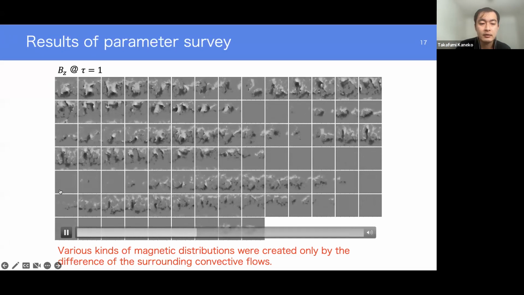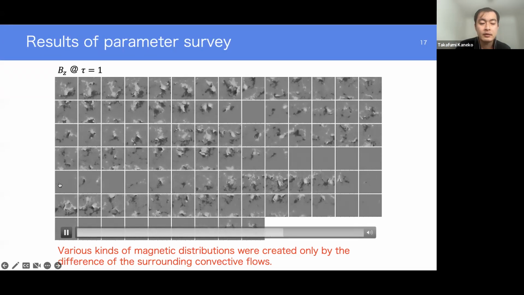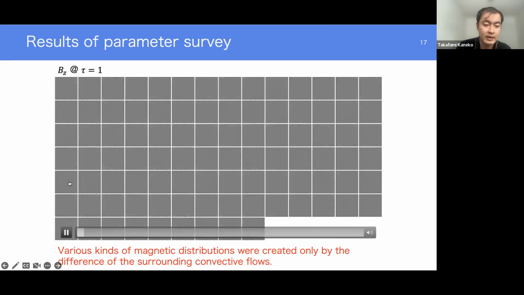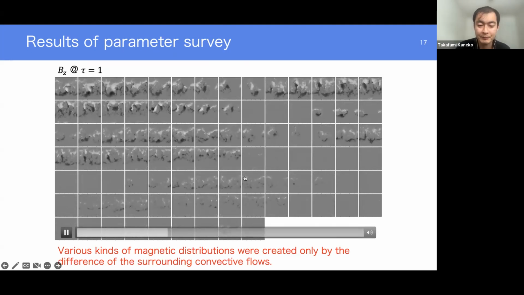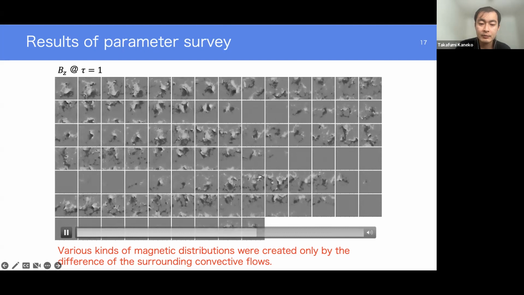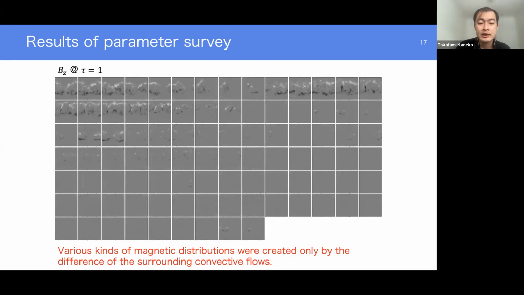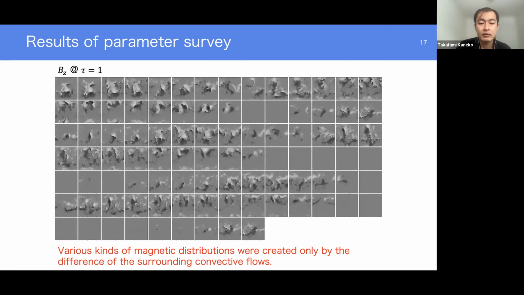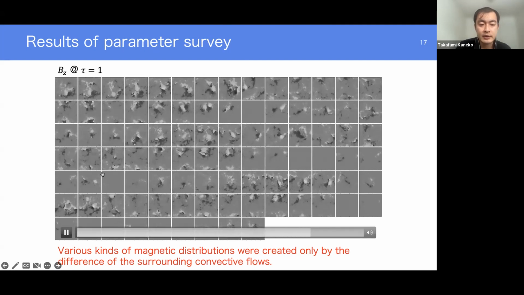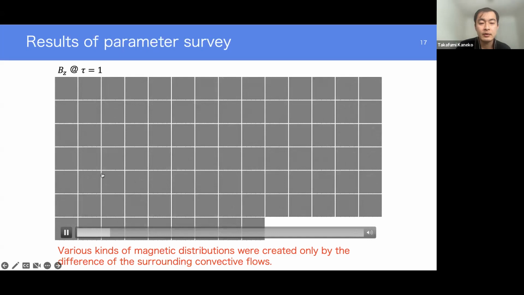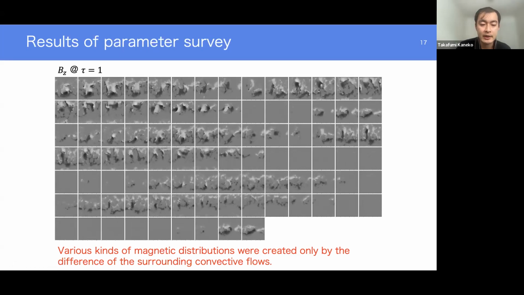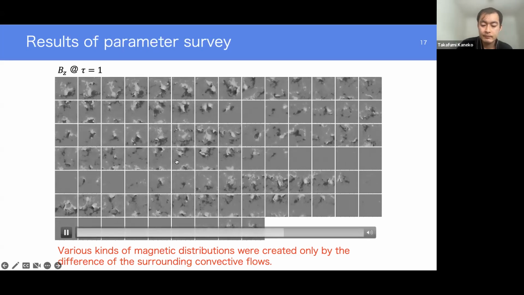Because we don't have any bias for the initial position, not only flux emergence, but we also reproduce the no-emergence case.